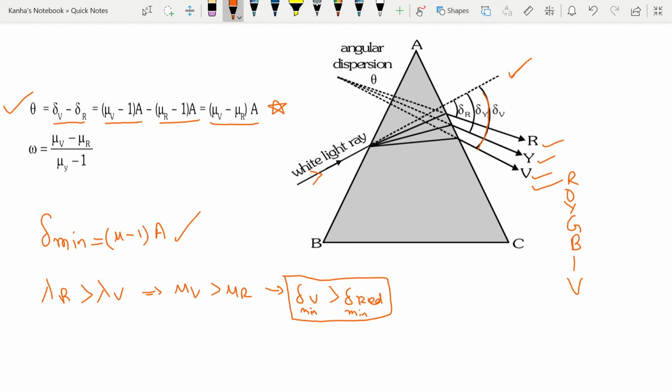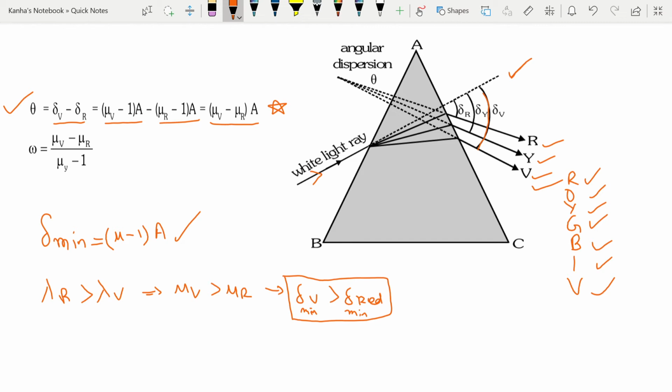So I have already given you the different colors that will come out of the prism, and these turn out to be extremely handy when you're trying to do any of the questions. Next is something known as the dispersive power.